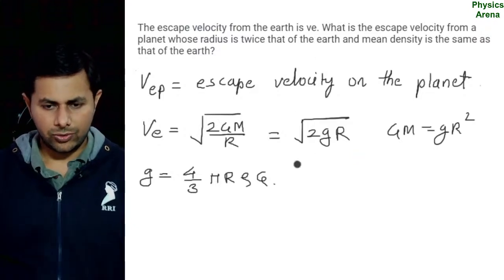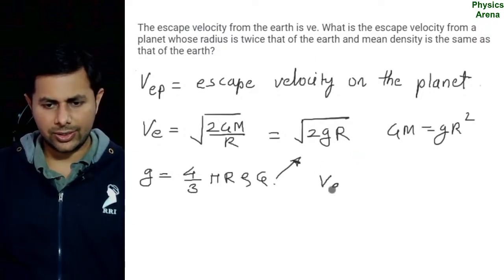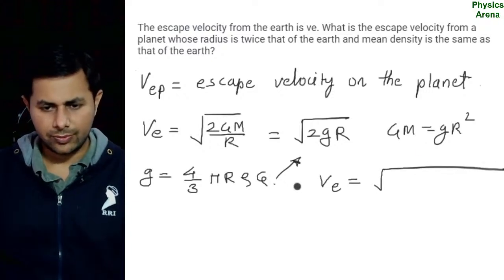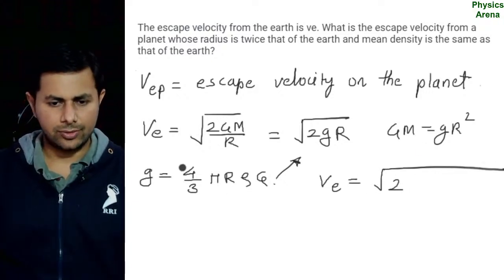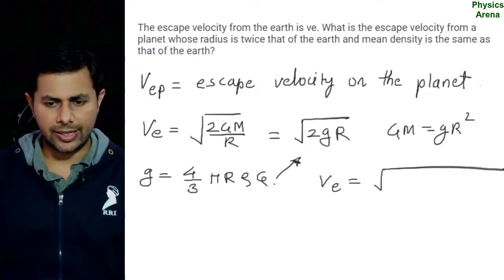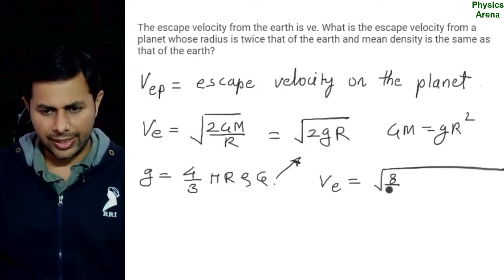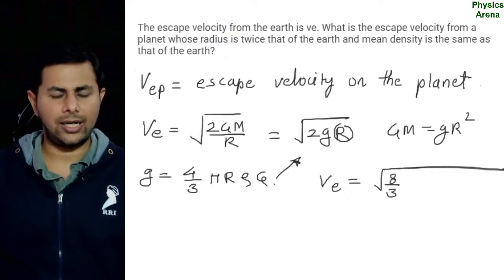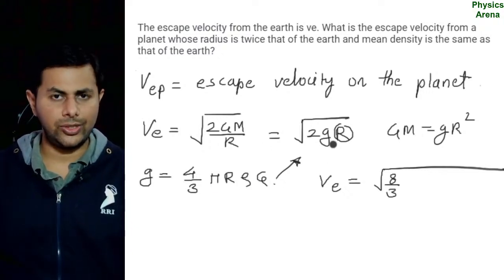Okay, so all of these things I am writing for earth. We can substitute that over here and we get escape velocity on earth surface equals to square root of 2 times this 4 by 3. So 2 times 4 by 3 is 8 by 3, square root of 8 by 3 pi r rho G times this r. So I am substituting for g.